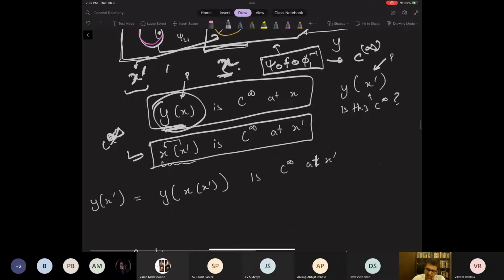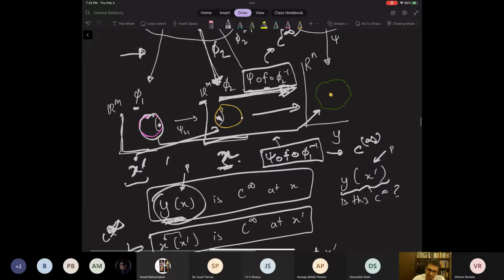So in other words, what is this function y of x prime? Instead of thinking about directly going from this coordinate system to this coordinate system, we can smoothly go from coordinates x prime to coordinates x. And now through our map f, we are going from this point x to this point in y.